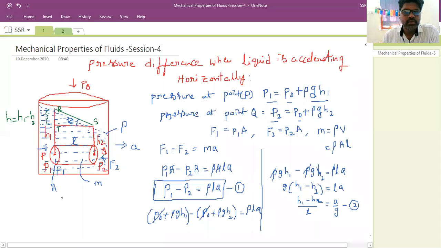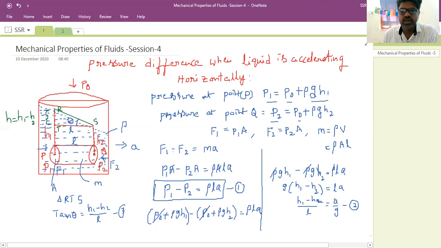From the triangle RTS, tan theta is equal to opposite side H1 minus H2 divided by adjacent side L. If this is L, then this is also L. So tan theta is equal to H1 minus H2 by L. This is equation number 3.